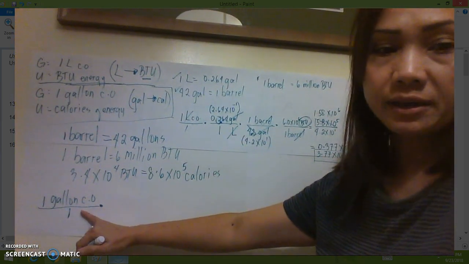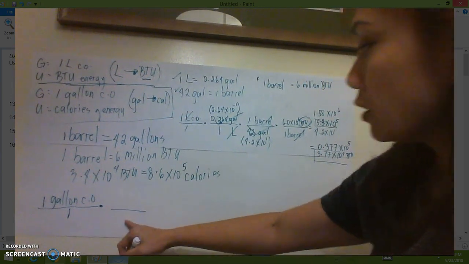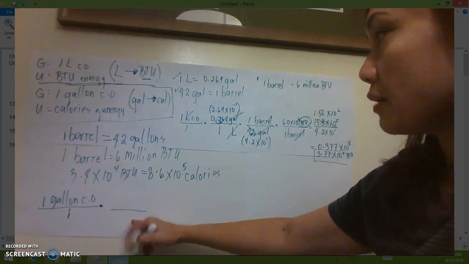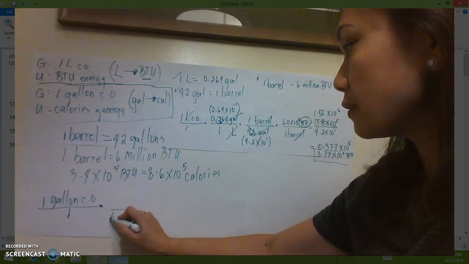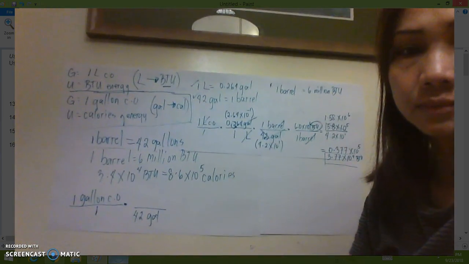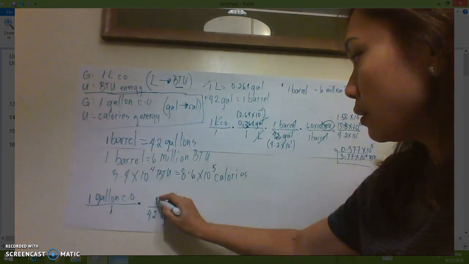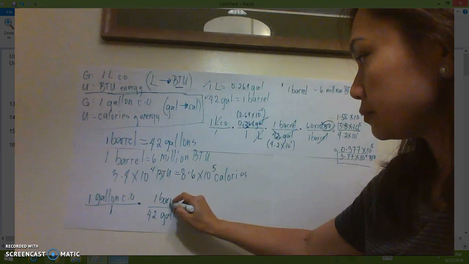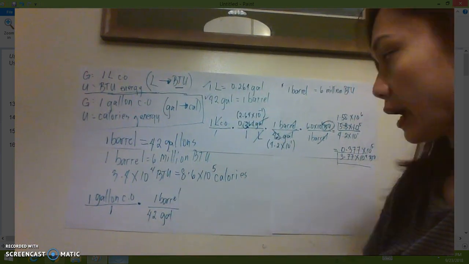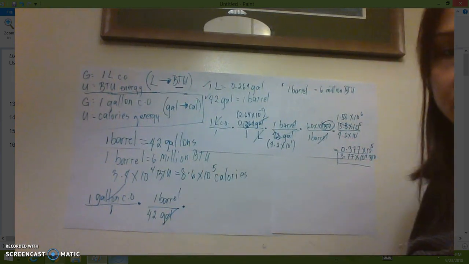In order for me to cancel the unit gallon, I need to set up my gallon unit on the denominator so I can cancel it out. So I'm going to put 42 gallons here, 42 gal is equal to 1 barrel. Cancel gallons. Move on to the next factor.